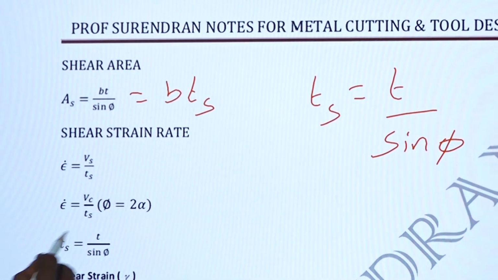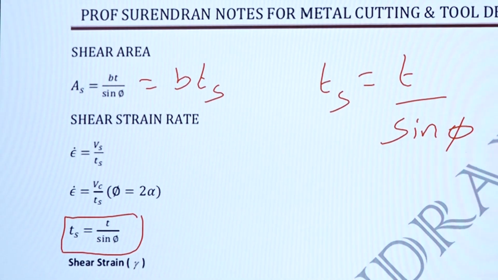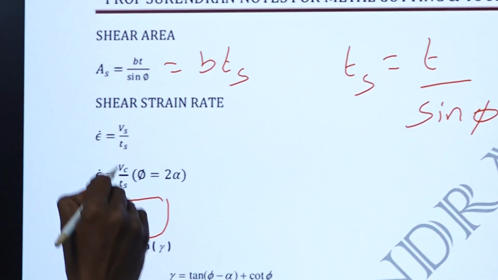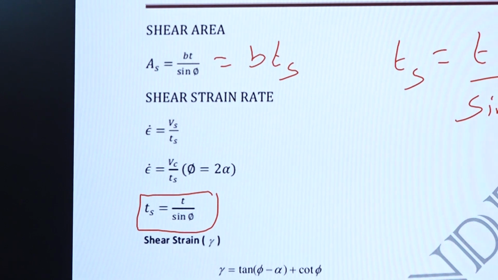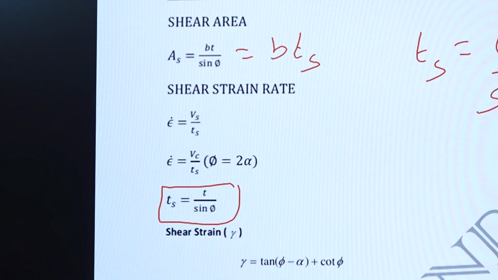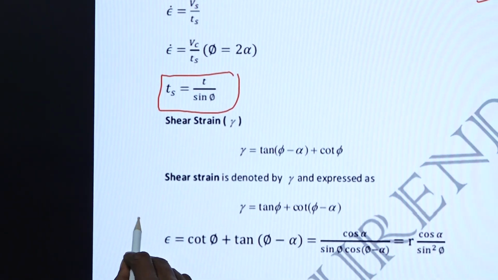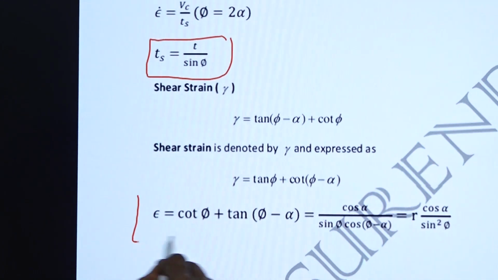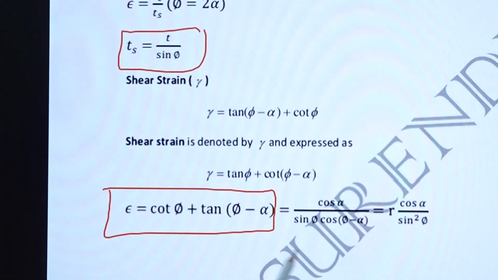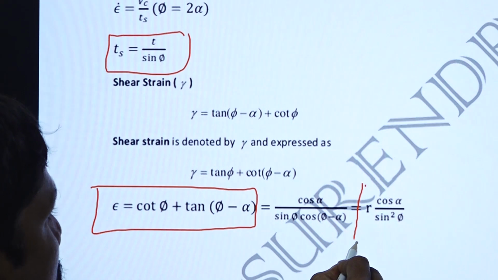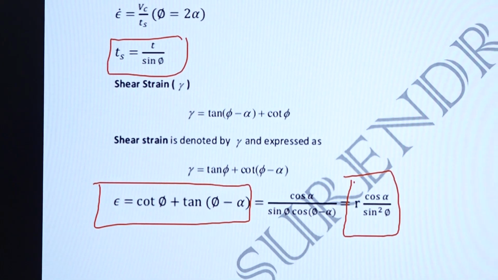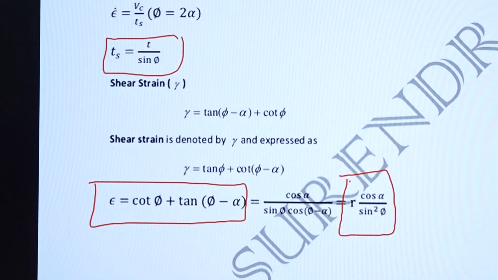So you get the same formula. The shear strain rate is the ratio of shear velocity to shear thickness. The shear strain you can easily get as cot phi plus tan (phi minus alpha), or r cos alpha divided by sin square phi.